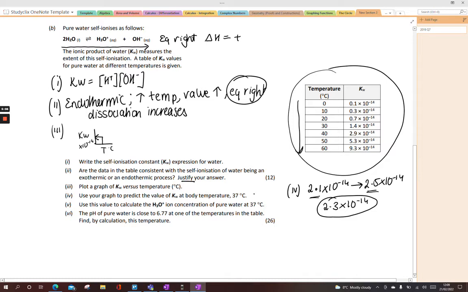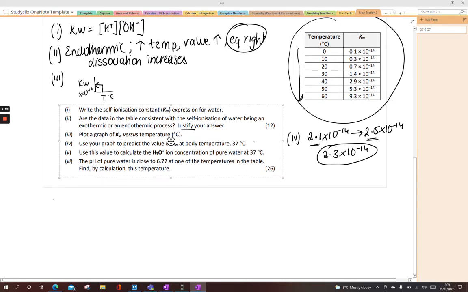So for V, now I'm actually going to do some work. Use this value. So my value of Kw there is 2.3 by 10 to the minus 14. Use this value to calculate the H3O+, which is the same as H+, concentration of pure water.